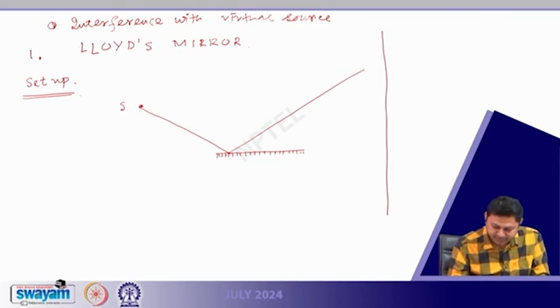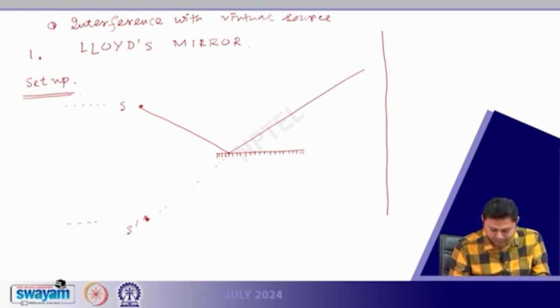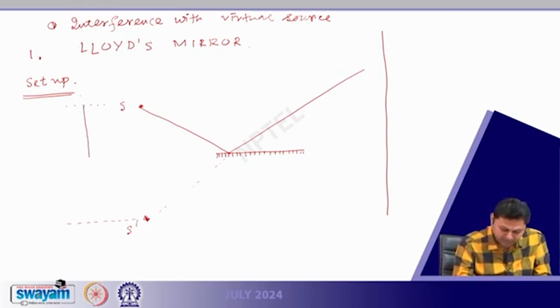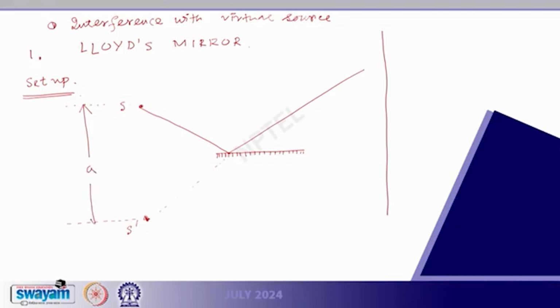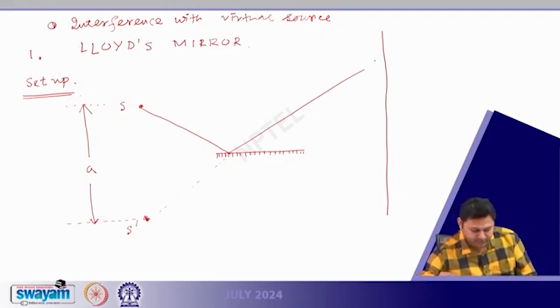And if I extend this, here we can have my virtual source, which is S prime. Now, from here to here, the length is A.